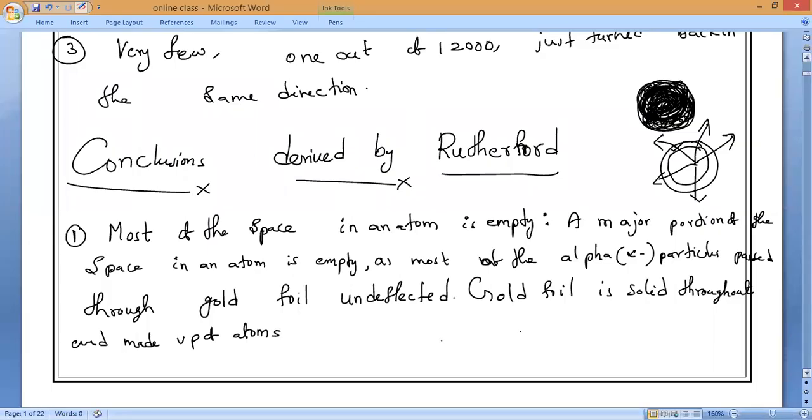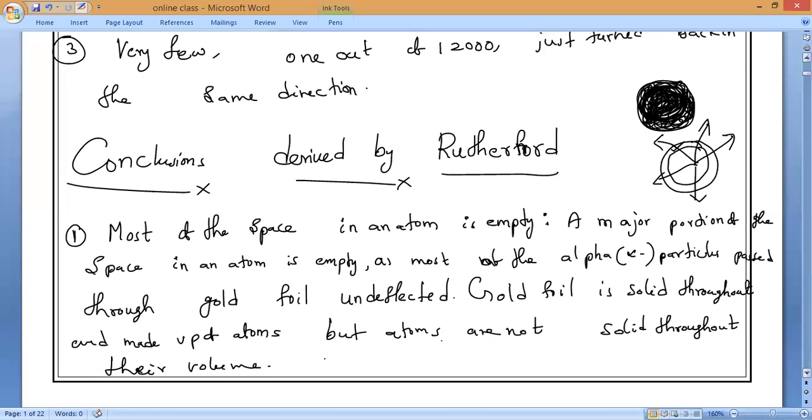So right. Gold foil is solid throughout and made up of atoms, but atoms are not solid throughout their volume. Clear, everybody?